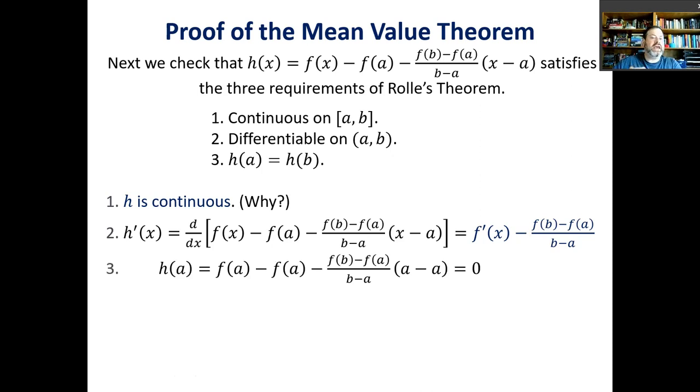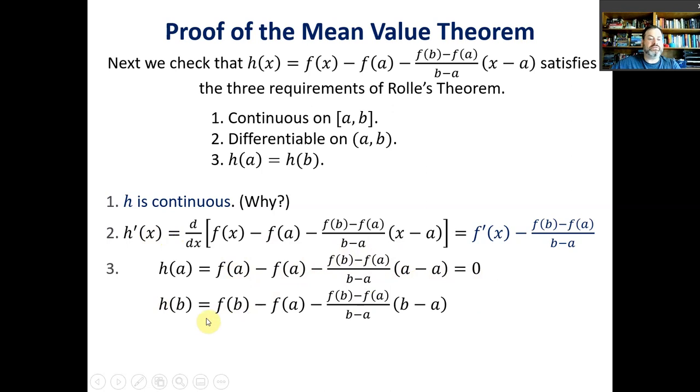Now we need to check that h of a equals h of b. So let's plug in h of a. So we plug a in everywhere we see x. You get f of a here, and you get a here. This becomes 0. This becomes 0. So you have 0 minus a number times 0, which is 0.